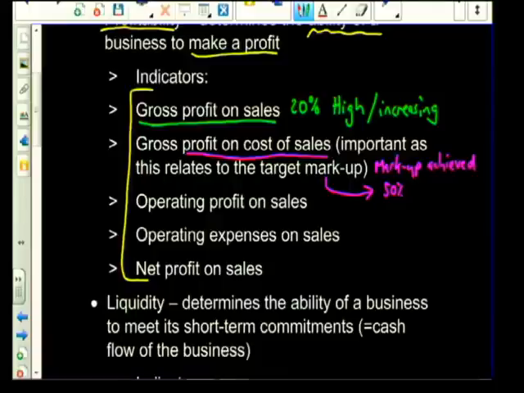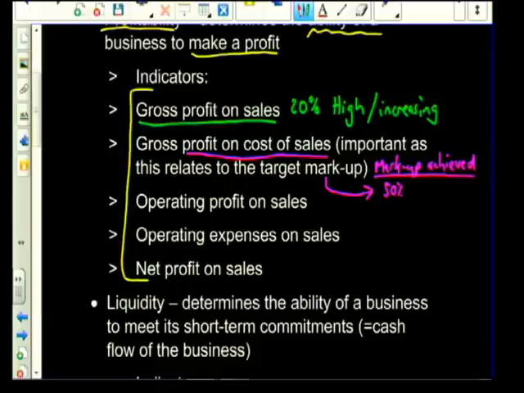Now, when we calculate this ratio, the gross profit on cost of sales, what happens is we actually calculate the markup achieved. In other words, the real markup that we have achieved after having made our sales for the year. So let's say that that ratio comes to 45%. So this would be our markup achieved, which is the result of this calculation.